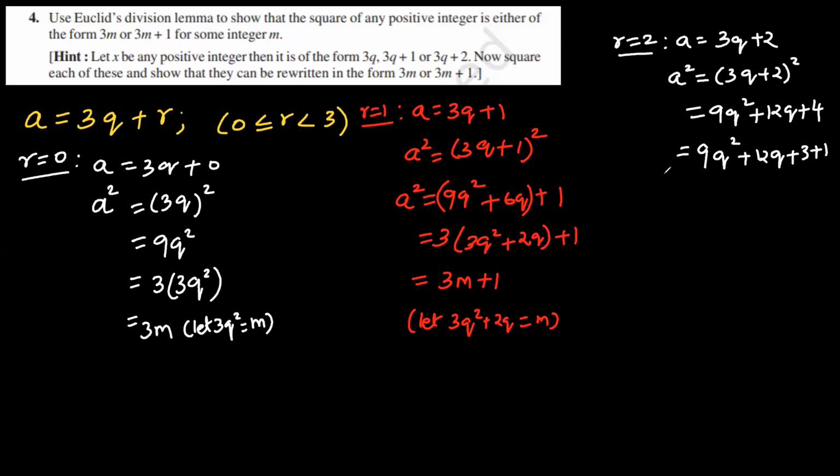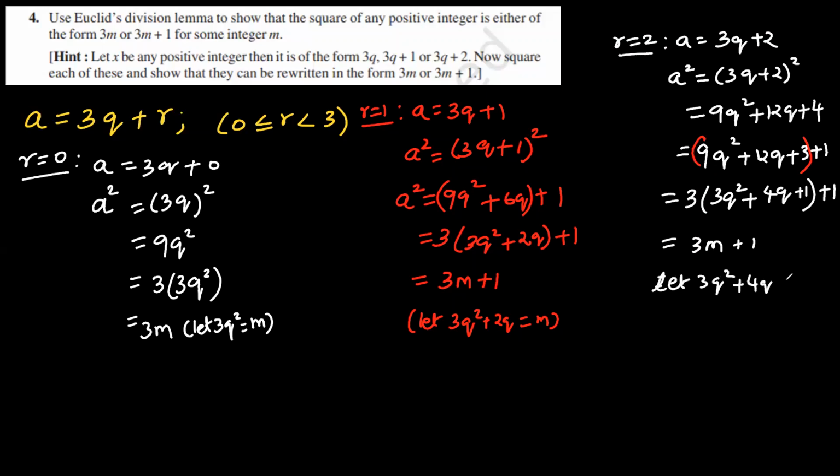Now, we are going to take 3 from these 3 terms. That will be 3 into 3q square plus 4q plus 1. The plus 1, let it be as it is. And now we are going to assume that as m. So 3m plus 1. Let 3q square plus 4q plus 1 be m. Therefore, we have expressed it as 3m plus 1.